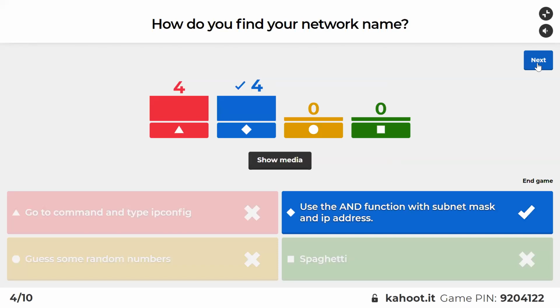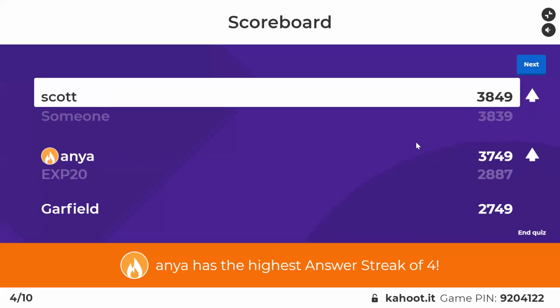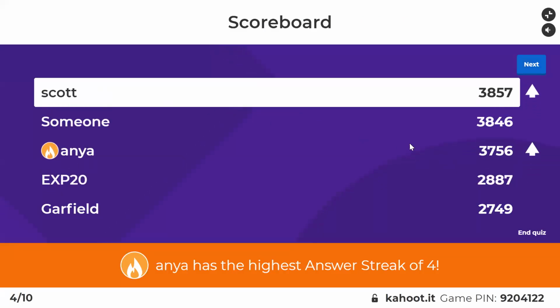So if you use your AND function with subnet mask and IP address, you will get your network name. By the way, if you use ipconfig, that's where you find your subnet and IP address. Okay, Scott is now first place and Anya moved up to third place, and someone is now second place.